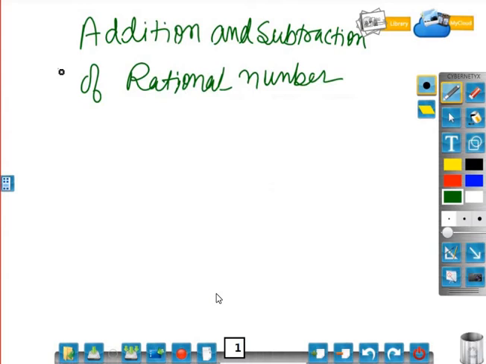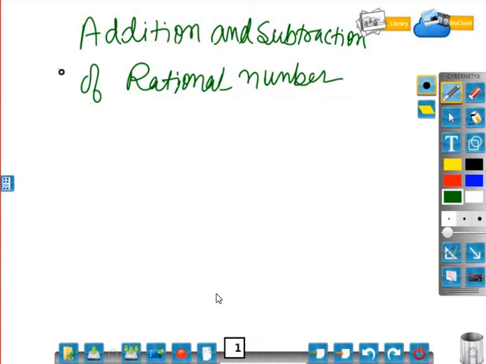The most important part is that addition and subtraction are possible only in like fractions. It's not very difficult to add simple numbers like 2 and 3: 2 plus 3 is 5. We face difficulty in fractions, and fractions are also part of rational numbers.